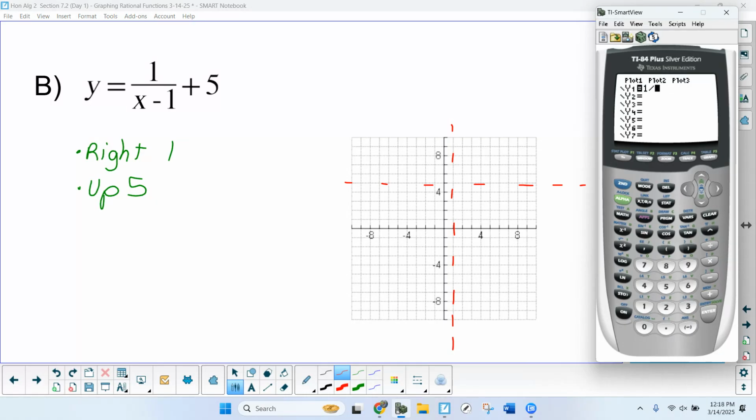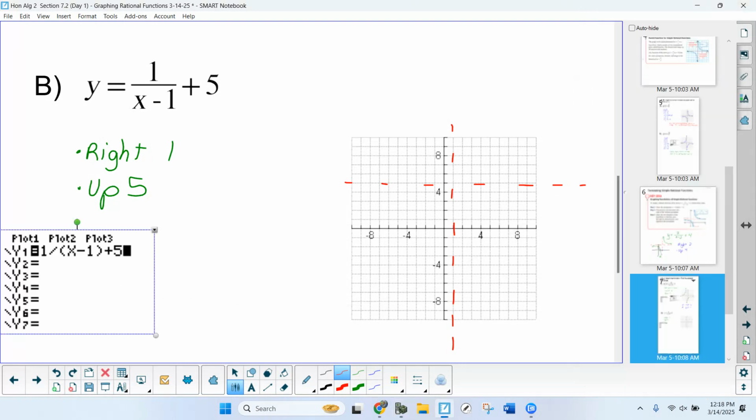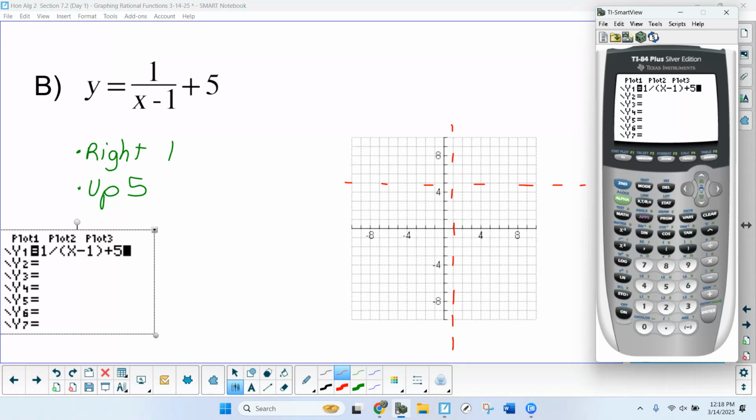One divided by x minus 1 plus 5. Graph it. This one should not be reflected, which it's not. You can see, looks like it went up 5. It looks like it went right 1. Table. Now again, I'm going to put that error right in the middle.